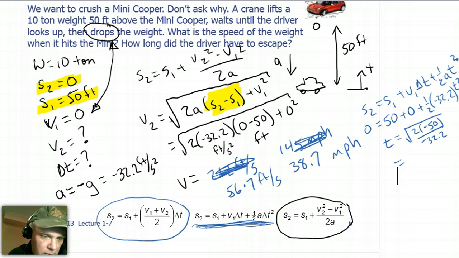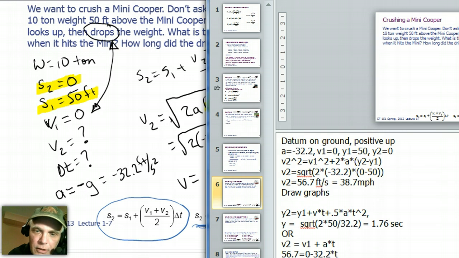I won't take the time to calculate that value out. I'm going to cheat and look it up here. It looks like 1.76 seconds.